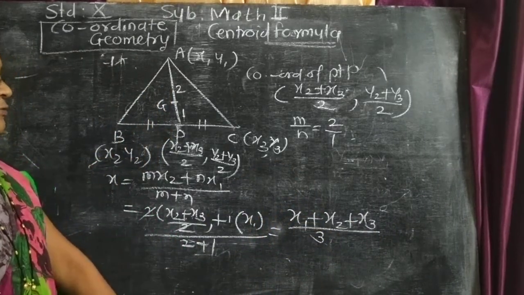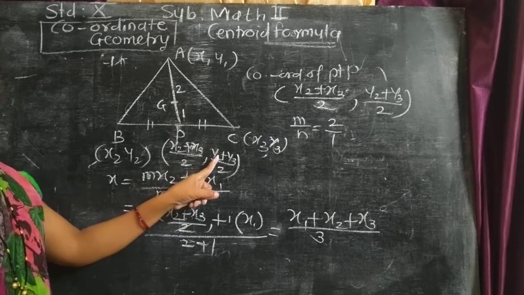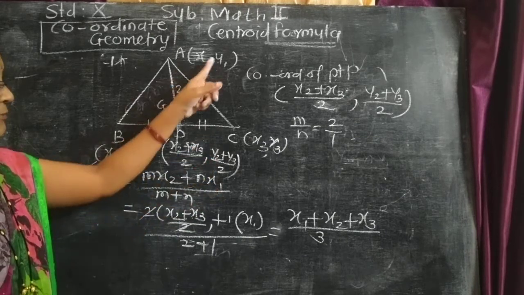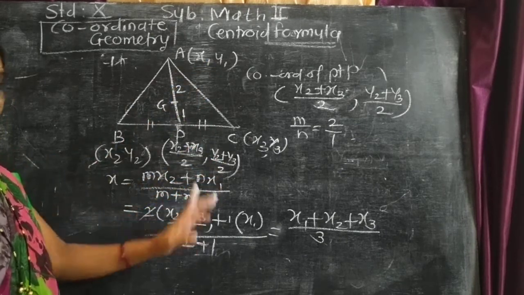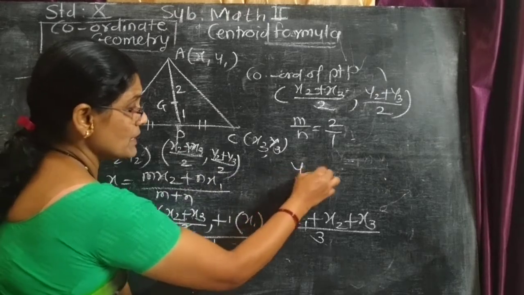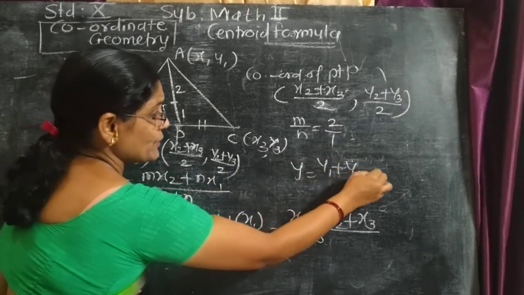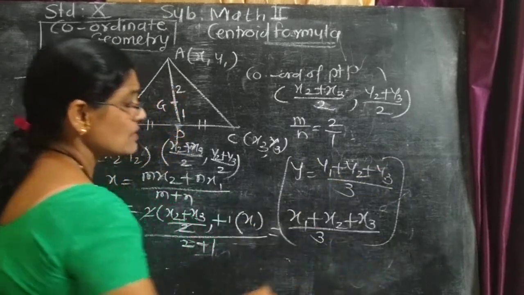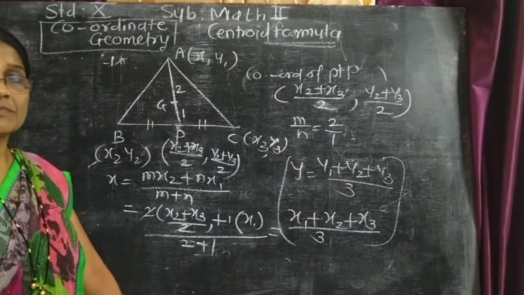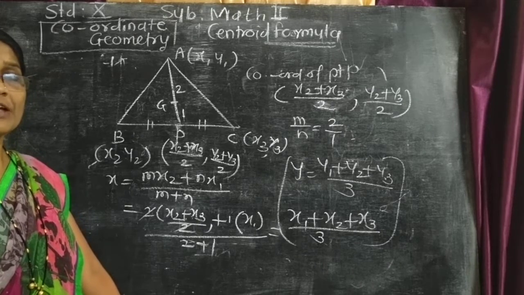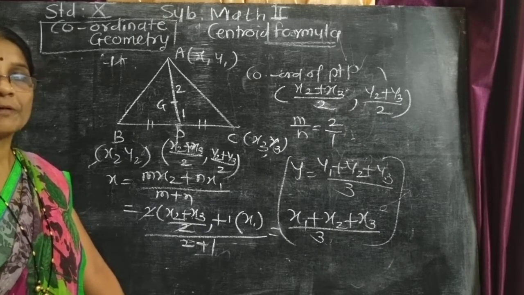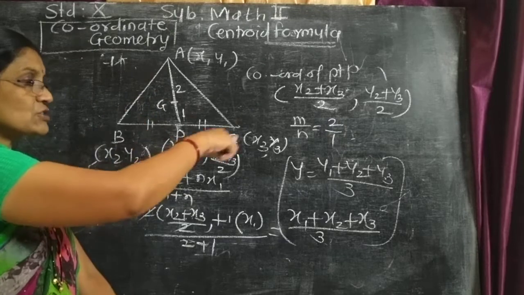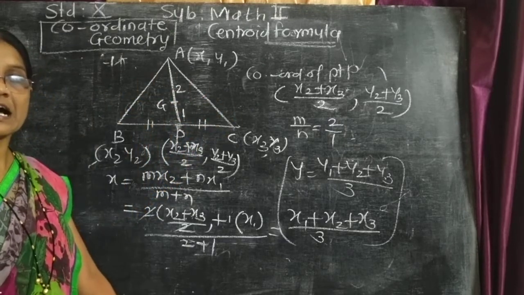In the same way, we can find the y coordinate: y will be y1 plus y2 plus y3 upon 3. And this is the centroid formula. Using this formula, we can find the centroid of a triangle if the coordinates of its vertices are given.